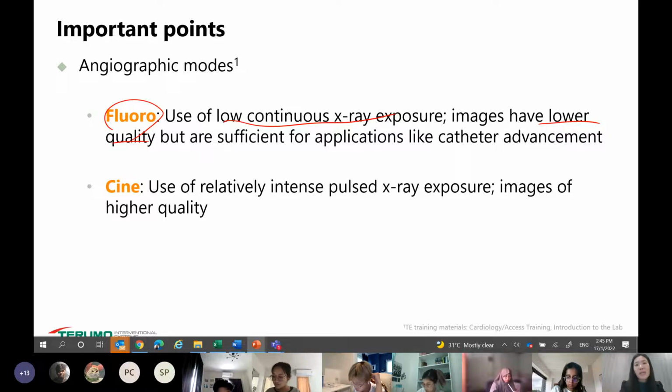But it's enough for catheter advancement. So typically this is what they use. But when they want to take images of higher quality, when they want to take an angiogram, they will call for Cine. And this takes a snapshot of a very high quality image, and it uses a relatively more intense pulsed X-ray exposure.